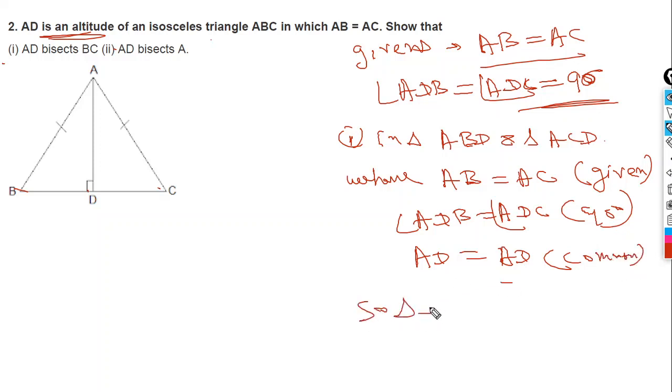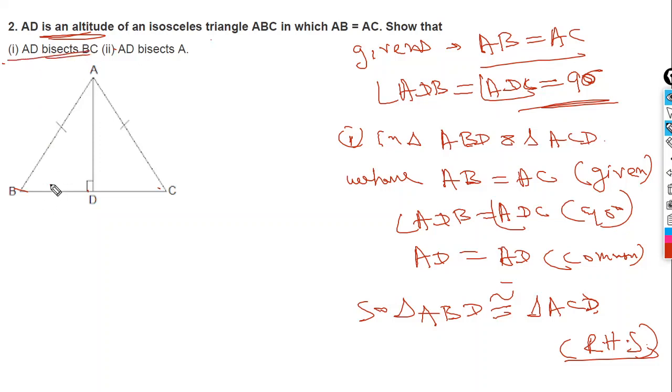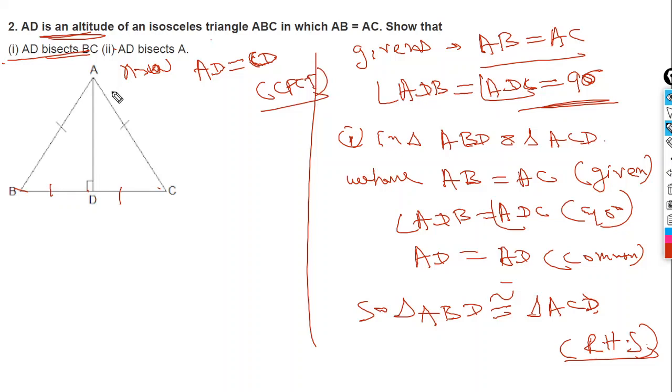So triangles ABD and ACD are congruent by the RHS rule, right angle hypotenuse side. Therefore, since AD bisects BC, BD will equal CD by CPCT. First part we have proved.